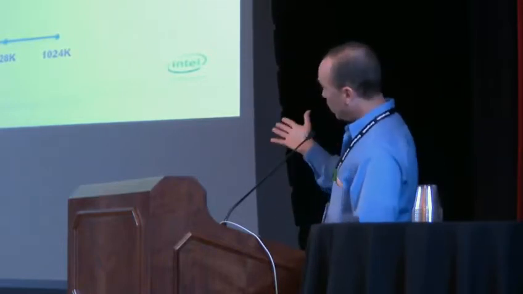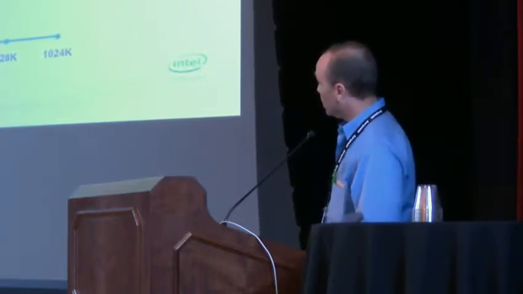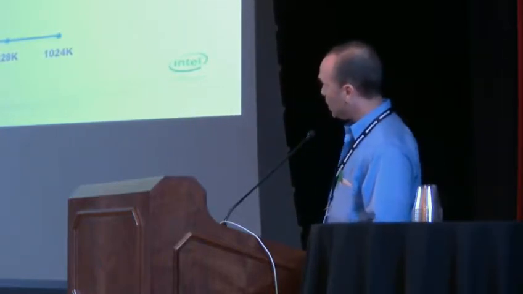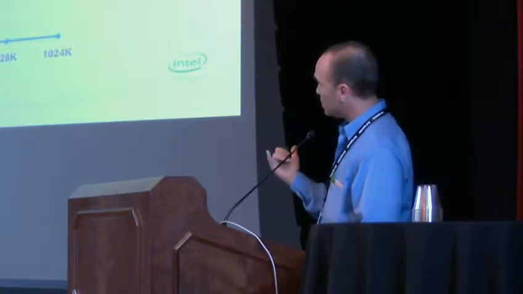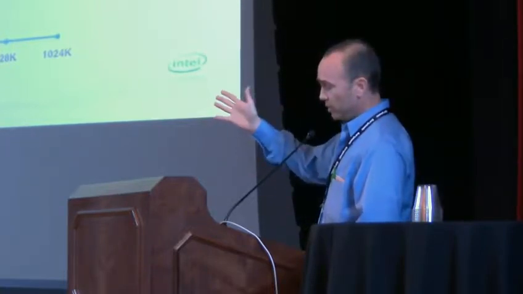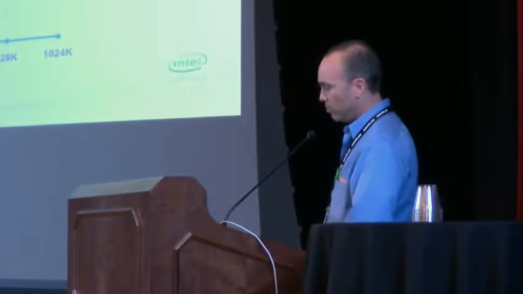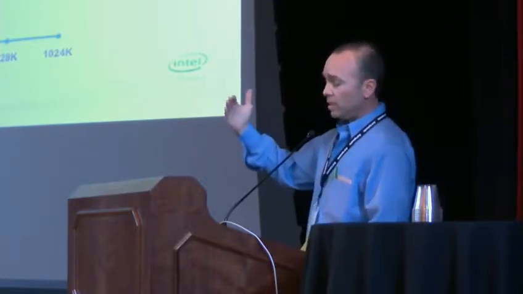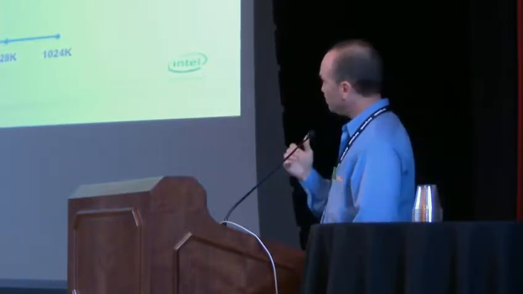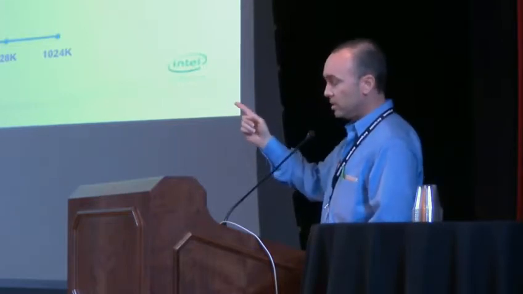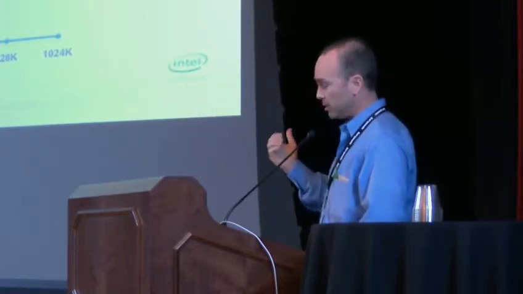What we did here is write a 1 gigabyte file using different block sizes from 512 bytes all the way up to 1 meg. And you can see this is the amount of time it took to write out that file. As you can see, small block sizes took longer than large block sizes.